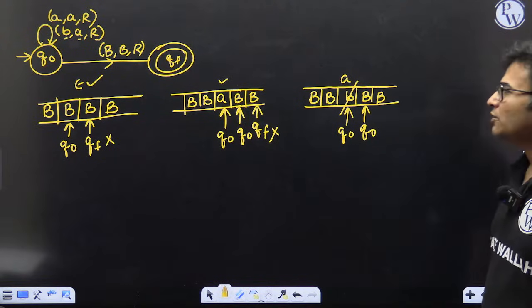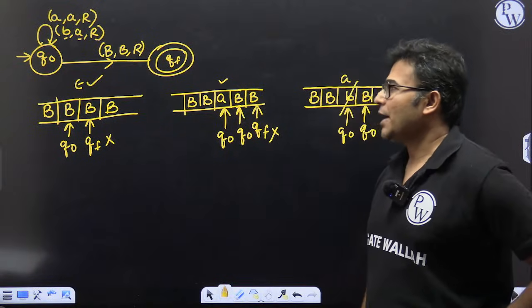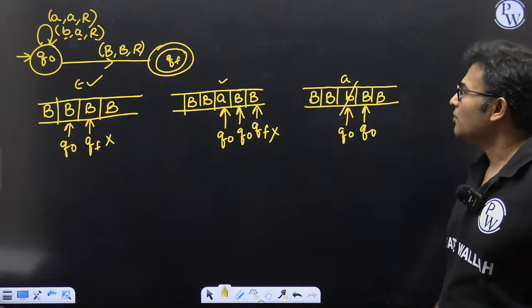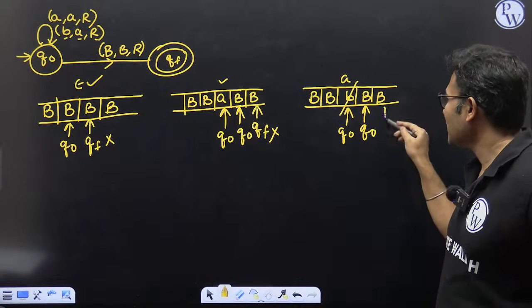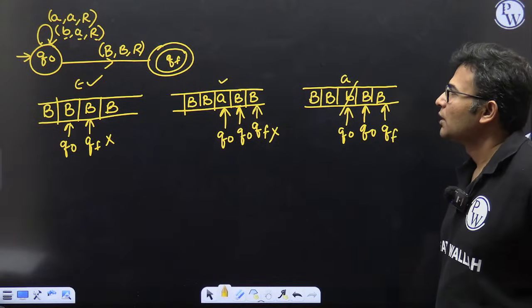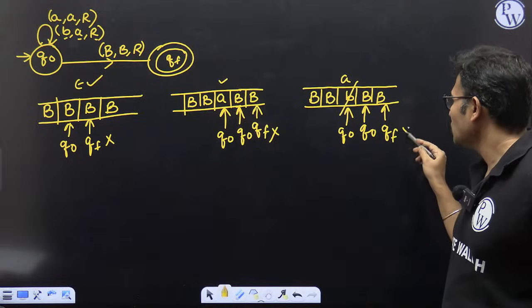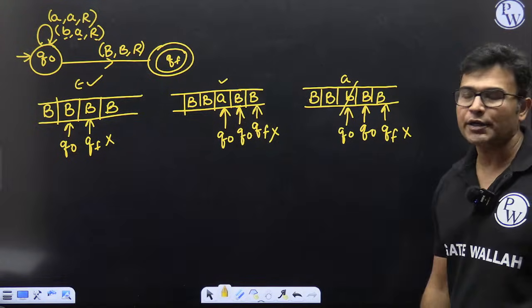Now see what is happening on blank. Q0 on blank is leaving it as blank and moving right to QF. Now QF on blank, nothing is defined, so the Turing machine will halt here.